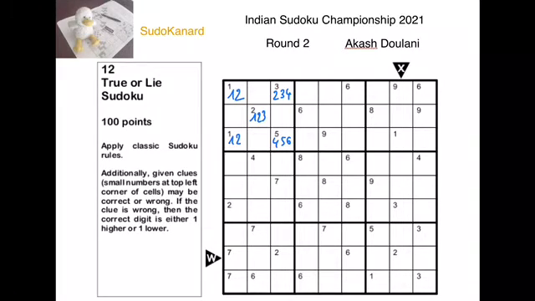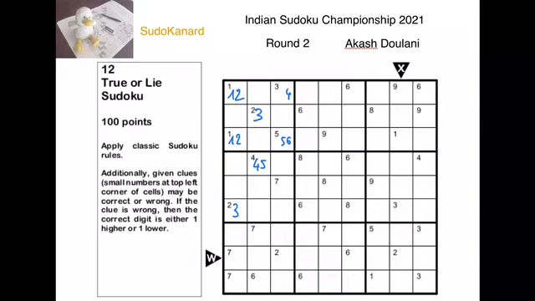Because of this 1, 2 pair, this has to be a 3. And this has to be a 4. And you see that because of this 1, 2 pair, this also has to be a 3. And this 4 is now 4 or 5, as 3 is no more available.